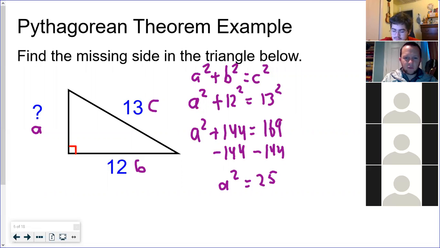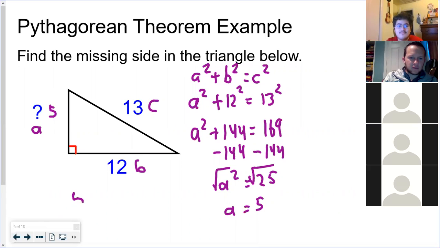So once again, I'm going to take the square root of that, and I get that A is 5. And this is, once again, another Pythagorean triple. I should have explained that better. A Pythagorean triple is when you have whole numbers that represent the legs and the hypotenuse of a right triangle.